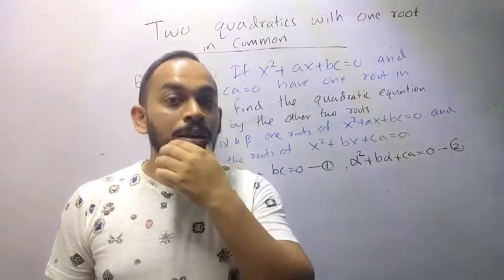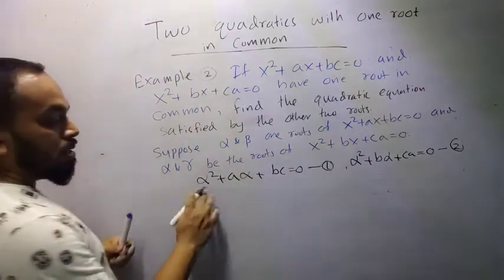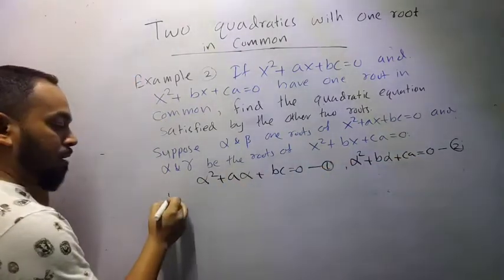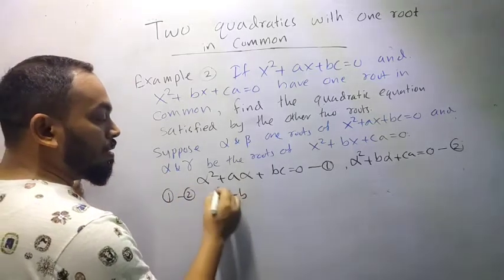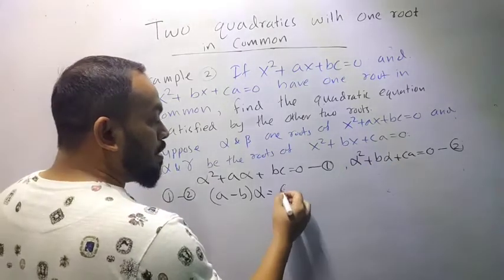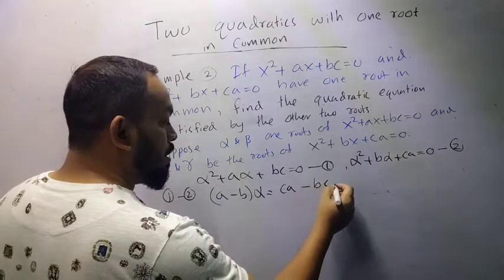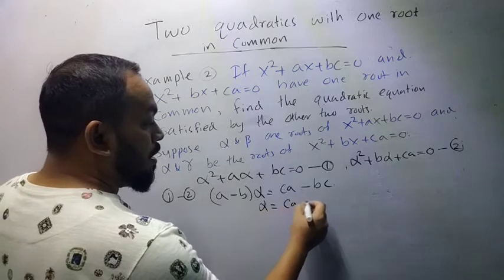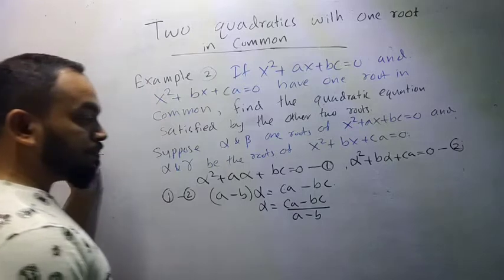So it's better to get rid of alpha squared terms. It's easy. You can see the coefficients are 1, so you can do 1 minus 2 and we get (a minus b) alpha equals ca minus bc. So alpha in this case is (ca minus bc) over (a minus b).